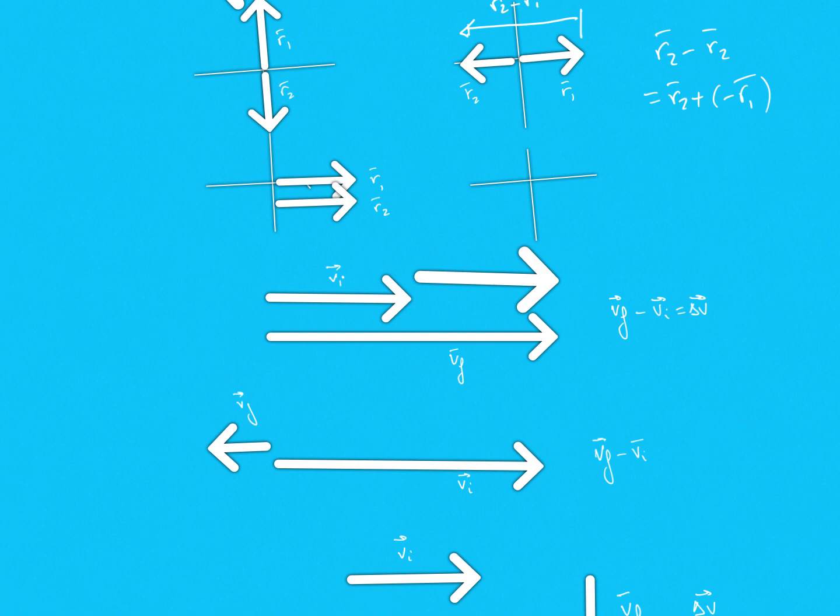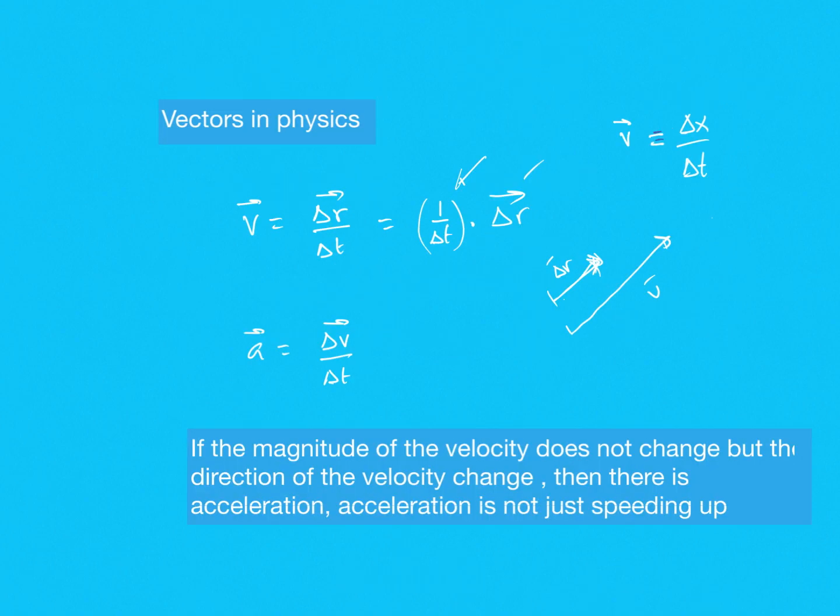This is the change in V. Or in other words, the change in V is the vector that you have to add to V initial to obtain V final. And you will find a lot of examples in Master Physics and also in my assignments for conceptual questions.